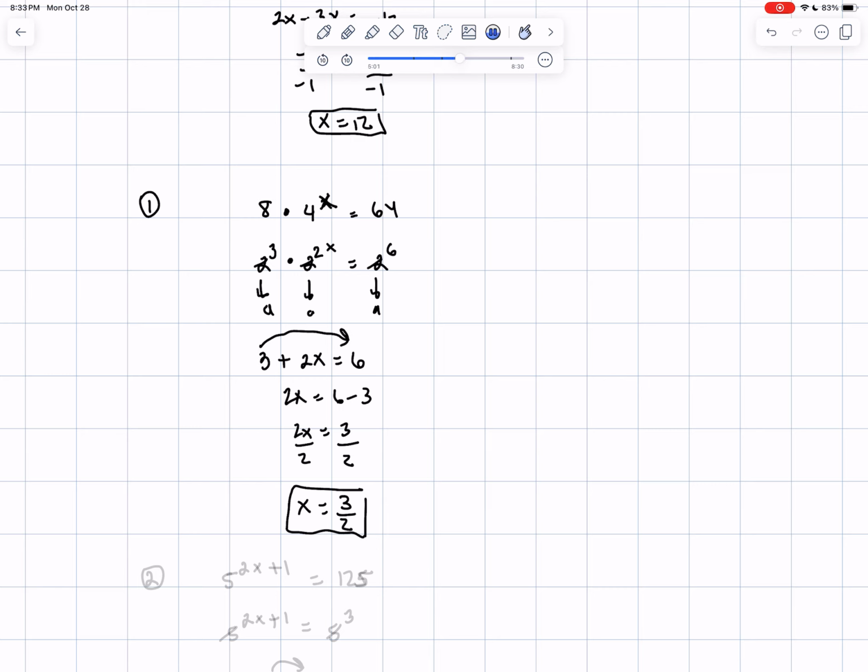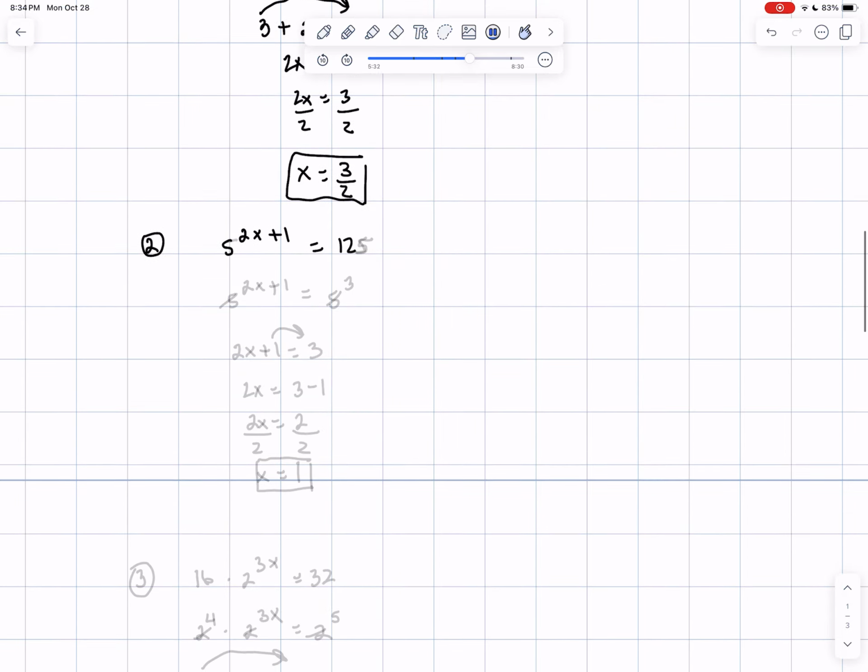Now let's do another one, with more variables. Let's try 5 to the 2x plus 1 equals 125.